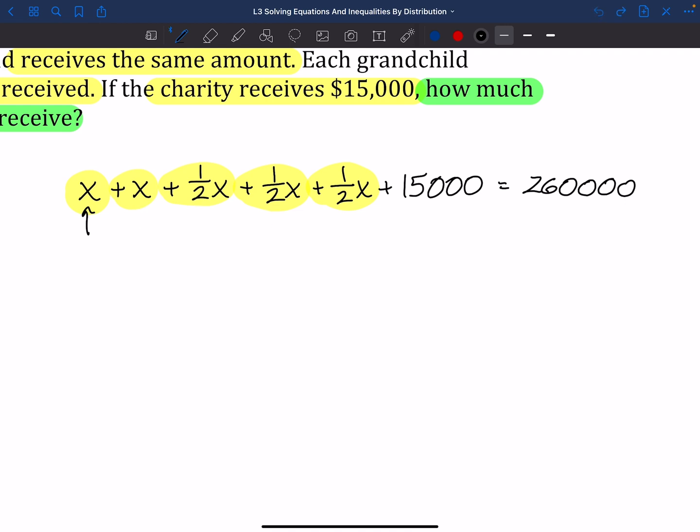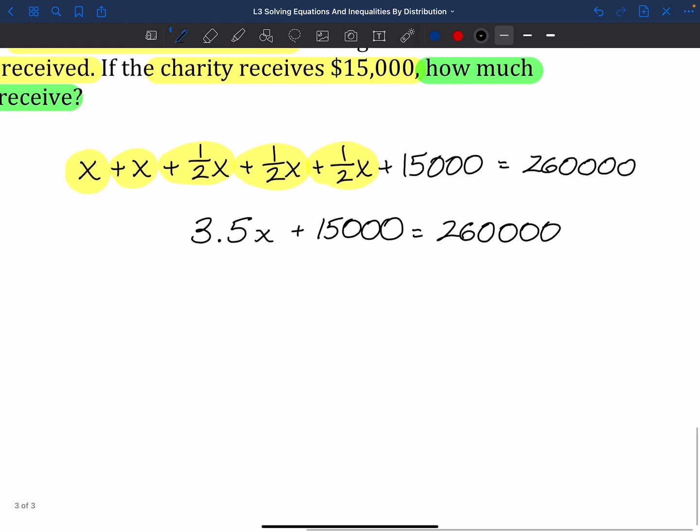So altogether, I have 3.5 x's, right? I've also got that $15,000, and altogether it equals $260,000. Right? So right now, this already looks a little bit better than what we started with, right? So 3.5x plus 15,000 equals 260,000.